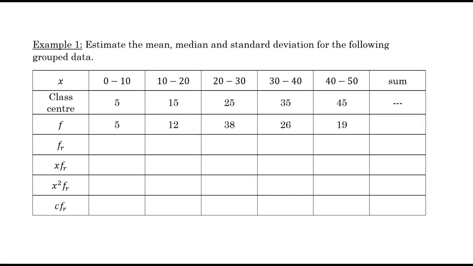Notice I'm not counting now. This becomes continuous data. Not all grouped data is continuous, but that example is, and you can see that I go from 0 to 10, 10 to 20. Now, what if it's exactly 10? Well, it shouldn't be able to be exactly 10 kilolitres in my tank.